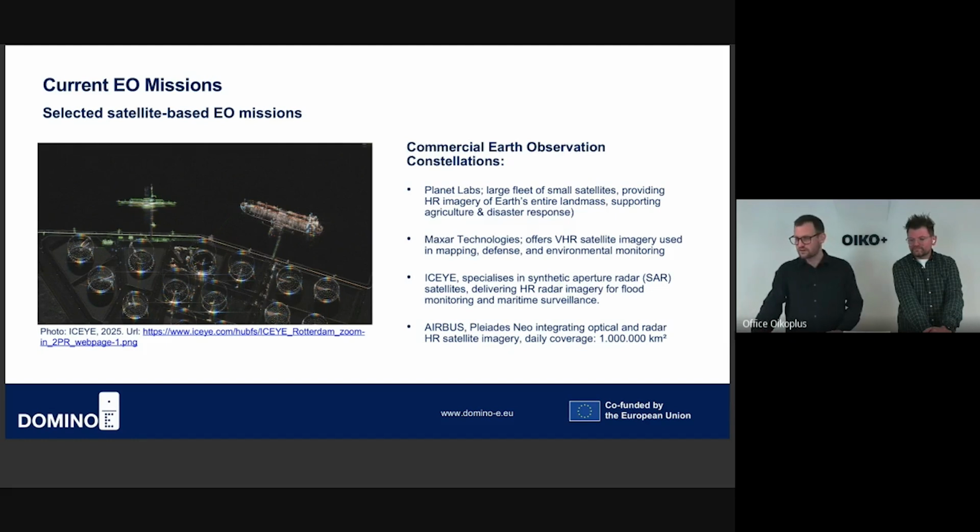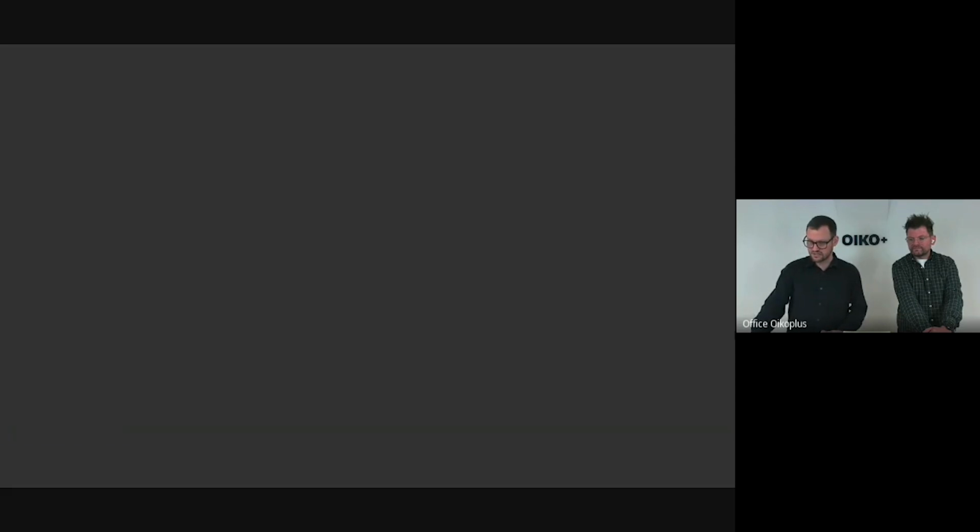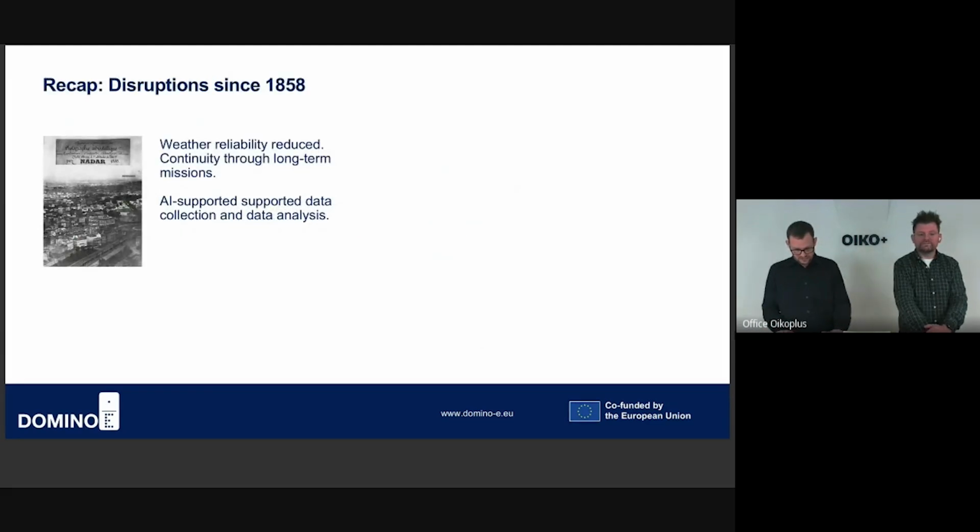So why did we start with the very early images of Earth observation? Looking back at these origins of Earth observation, the balloons in the 1850s, the kites in the early 20th century, the pigeons carrying cameras, it's almost unbelievable how far this field has come in the last century.